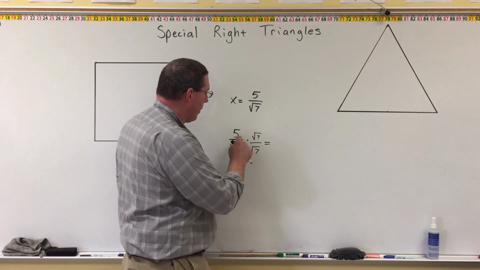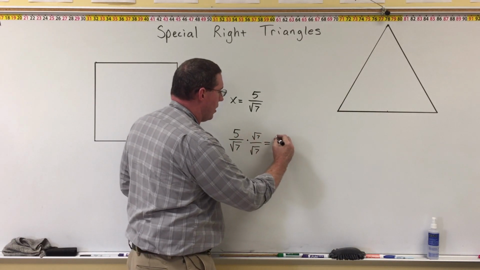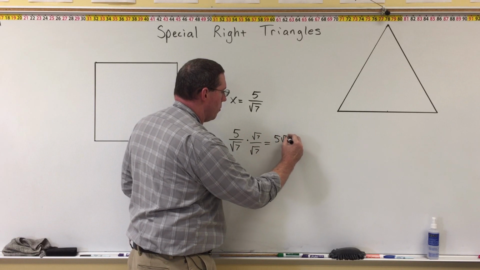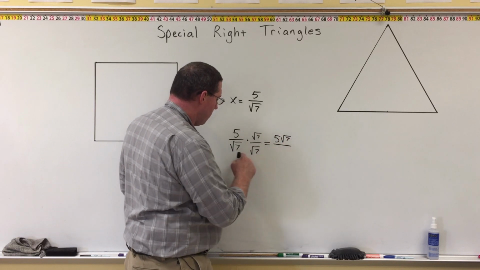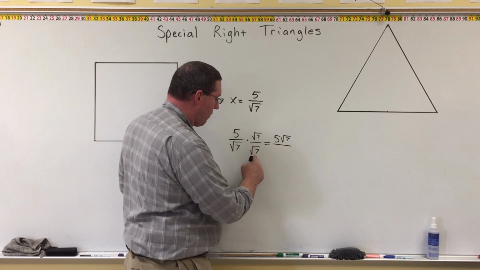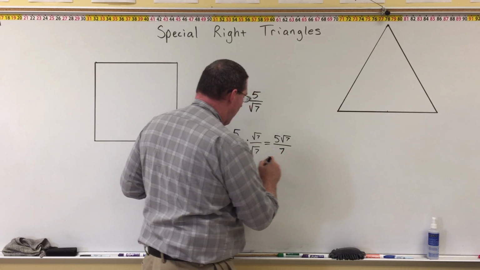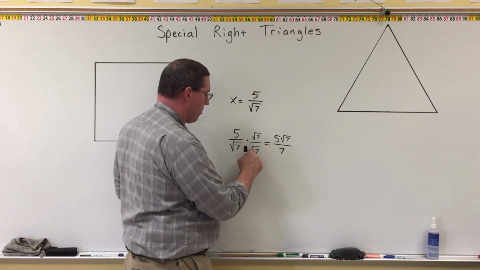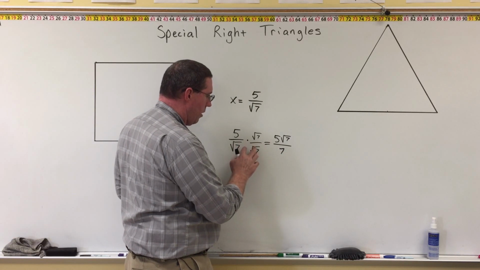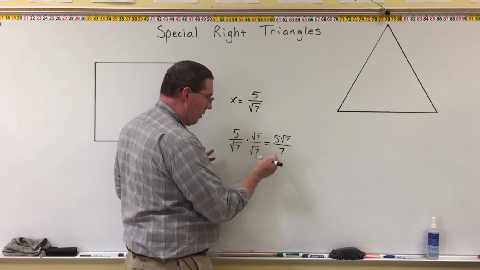So now when we multiply here, 5 times the square root of 7 is 5 square root of 7, divided by the square root of 7 times the square root of 7, which is 7, because anytime you do a square root of something times the square root of the same thing, it cancels out the square root.